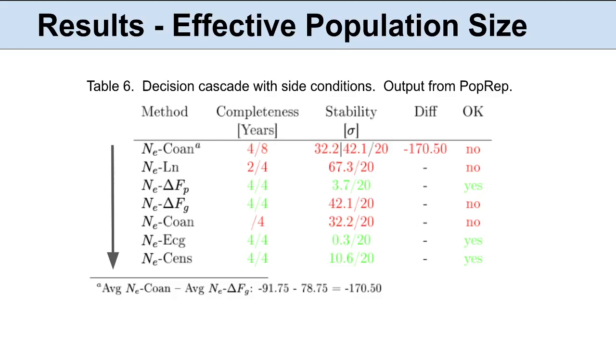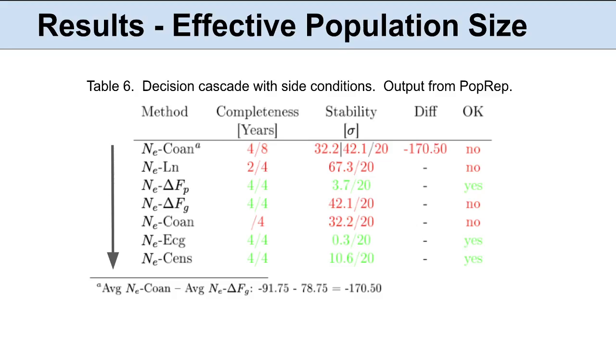And if it's not, then we get a no and get told to move to the next method for determining effective population size. So we work our way down from co-ancestry all the way down to census, because census, while great for getting effective population size, is not looking at rates of inbreeding and looking at how many possible distinct individuals you have within the population. That's why it's at the bottom of the decision cascade.